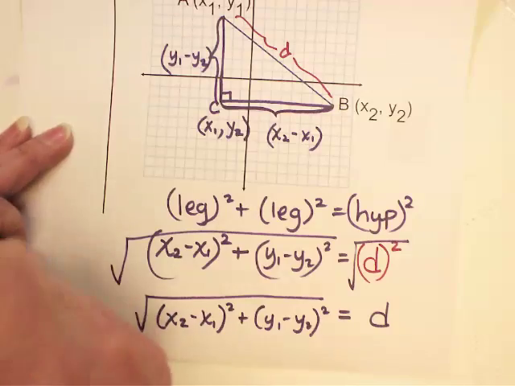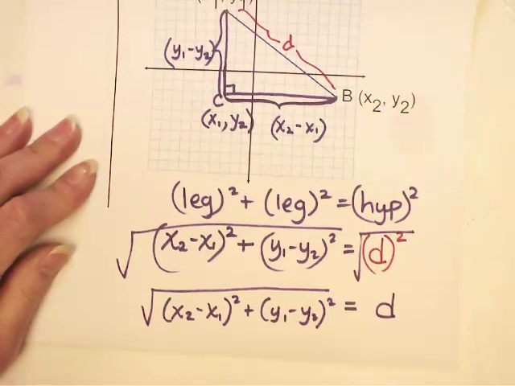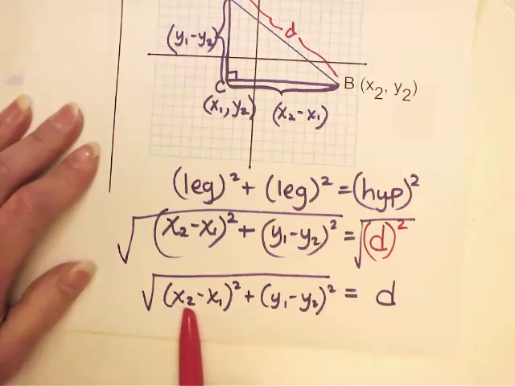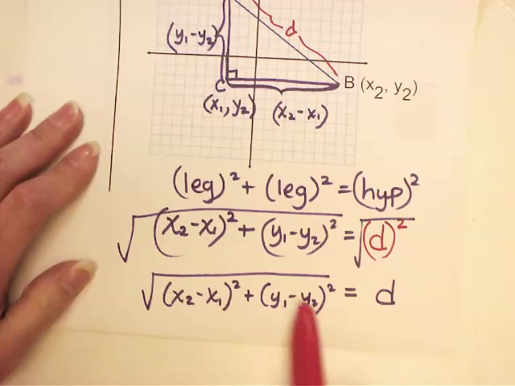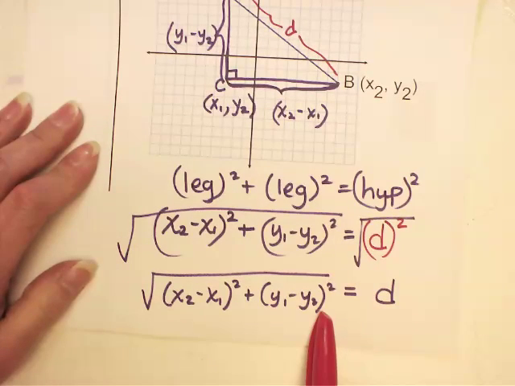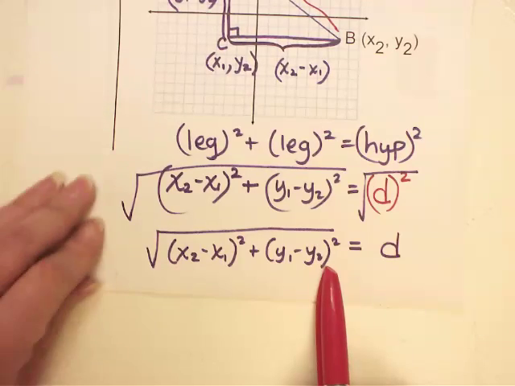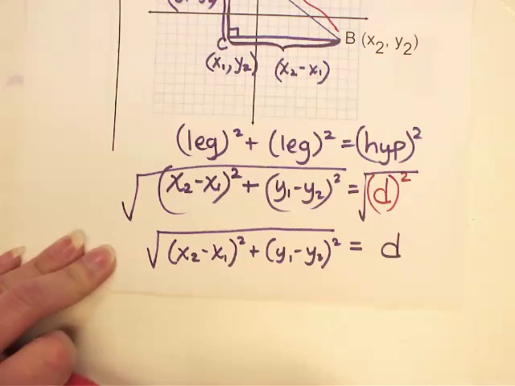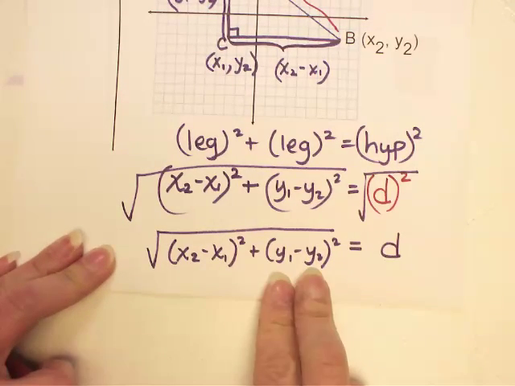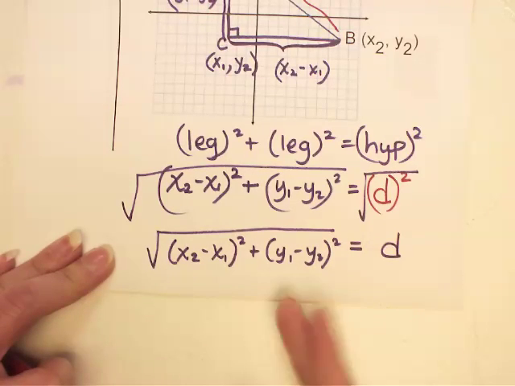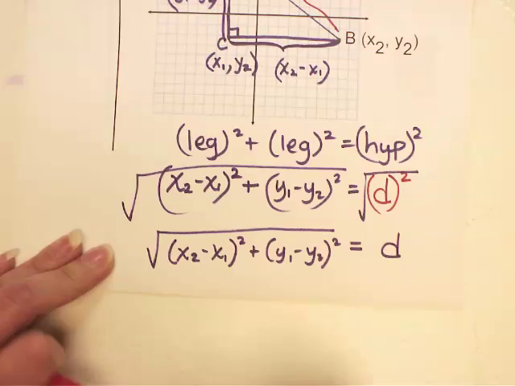Now, you'll notice something right away as I'm doing this. The order of x sub 2, x sub 1, y sub 1, y sub 2 are actually in reverse. What we can do to make things easier to remember, since the difference of the two will come out the same whether or not you reverse it, is switch it back, since it's easier to remember in a certain order.